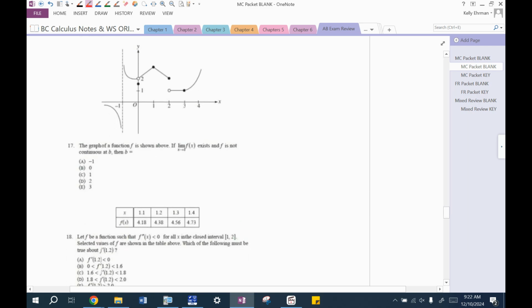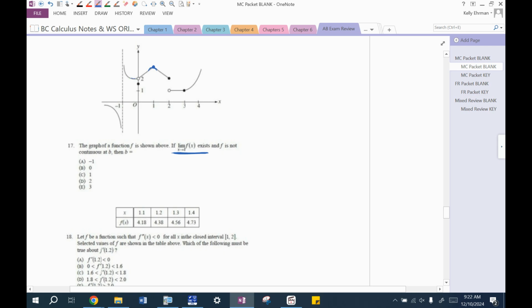Let's see. Number 17, the graph of the function f is shown above. If the limit as x approaches b of f of x exists, so that means that both sides approach the same value, and f is not continuous at b, then what does b equal? So that's an example of like here, the limit exists, but the graph is continuous here too.